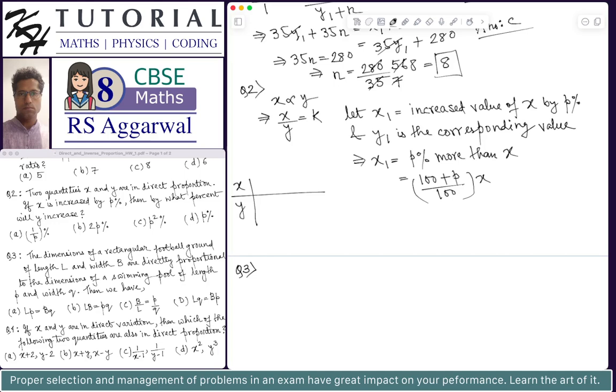You can consider the initial values to be x and y. Now when x is increased by p%, its value is becoming x1. So I can write x1 and y1 as another data in the table.